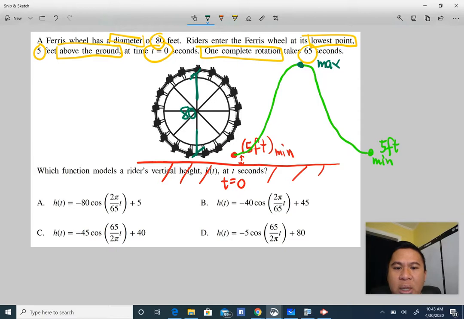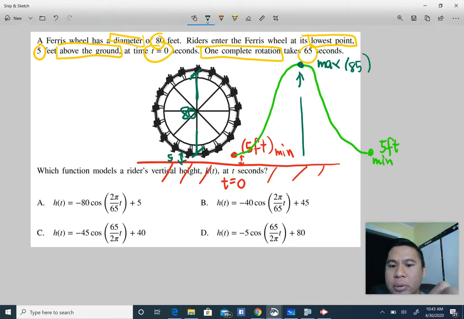So this is 80 feet with a 5 feet minimum value above the ground. That means 80 plus 5, which is 85 for the maximum, obviously in terms of feet.